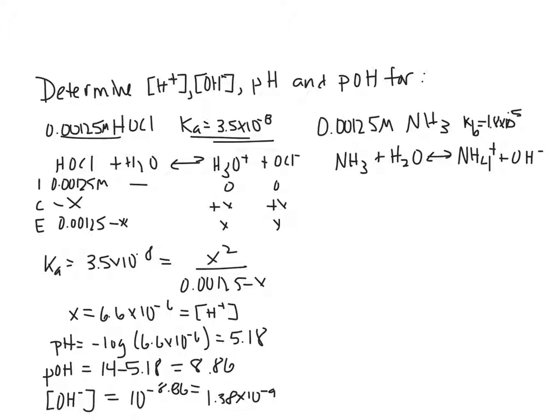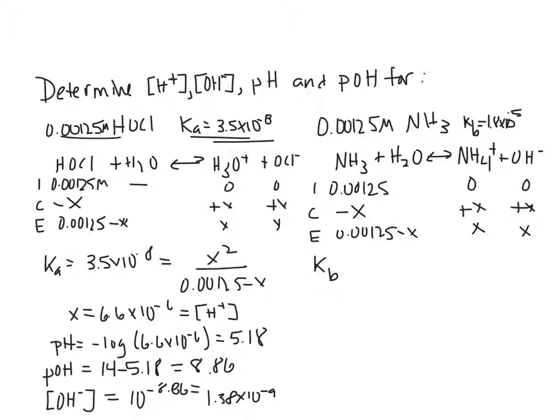So what we do is we do the same thing we just did. We know our initial concentration is 0.00125 for our ammonia, and none of the ion has been created before dissociation. But as soon as it dissociates, we have a change. We're going to be losing some of our ammonia and gaining our 2 ions from dissociation. So just as we saw, I'm going to have the same setup, my 0.00125 minus X, and then X is going to be my concentration of each one of my ions.